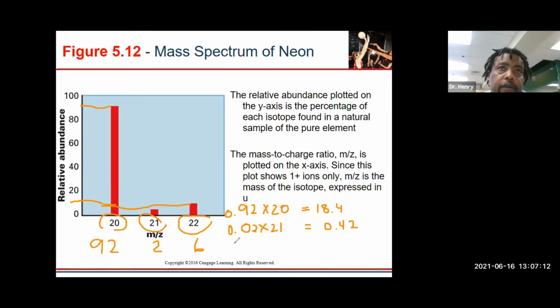And then if we multiply the other guy, 0.06 times 22, and we add these guys all up, boy, my number's off.